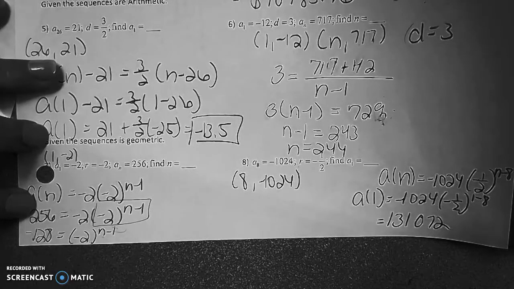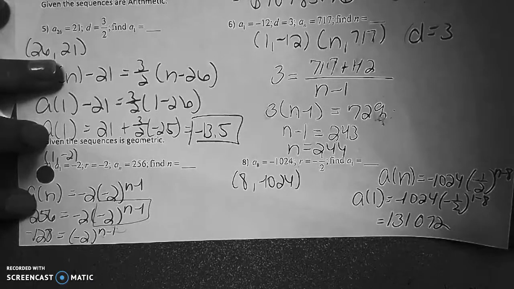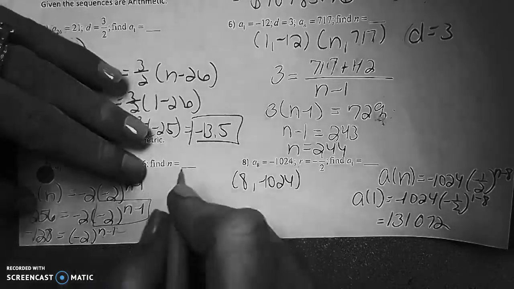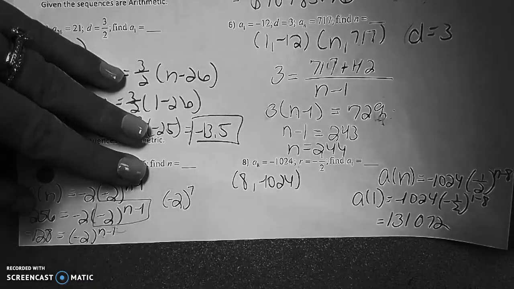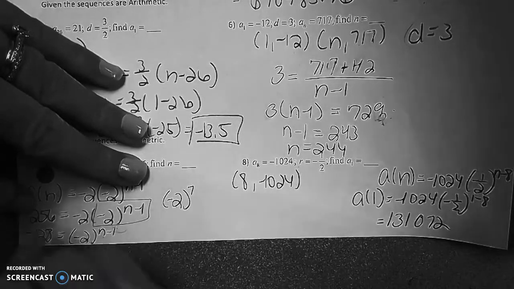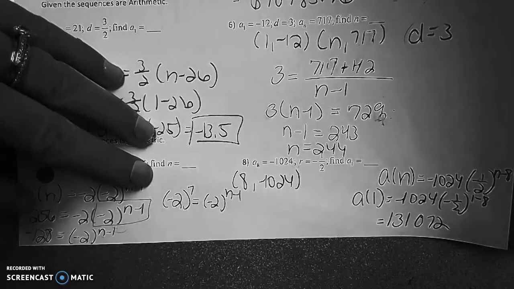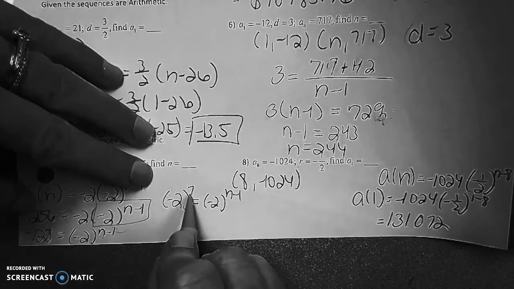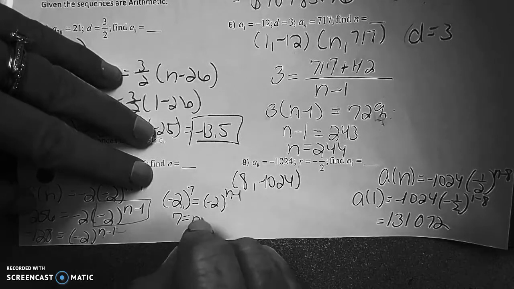Is it possible to write it as negative 2 to some power? And if you think about that for just a moment, I hope you get that it's to the 7th. So I know negative 2 to the 7th is negative 128. So doesn't 7 have to be the value of n minus 1? So n has to be 8.